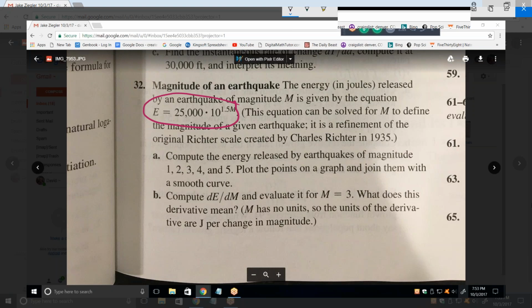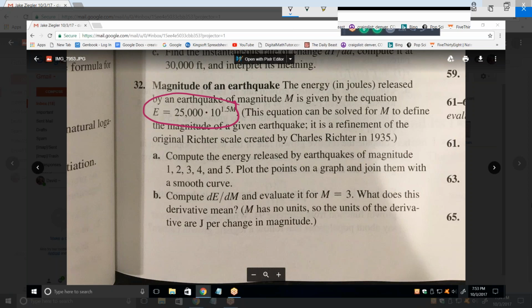Now, it says this equation can be solved for m to define the magnitude of a given earthquake. First of all, this paragraph here isn't quite right.